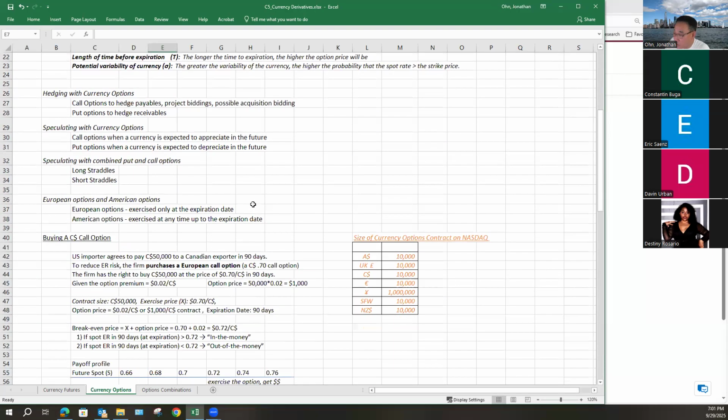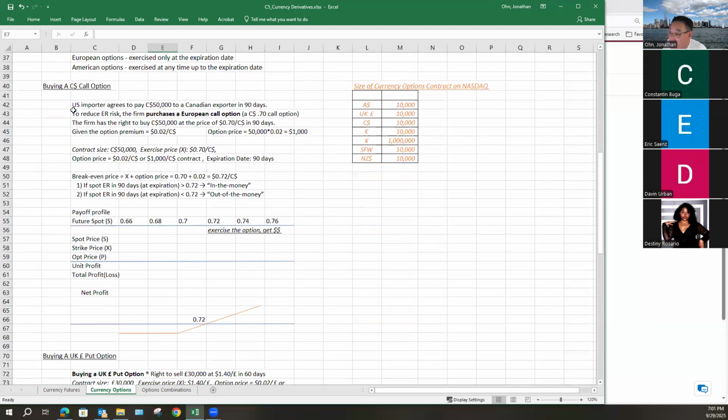We'll talk about option pricing there. Look at this one here. This is the call option, and given the option premium is the option price. This is per Canadian dollar, which means the total is $1,000. That is the option price.